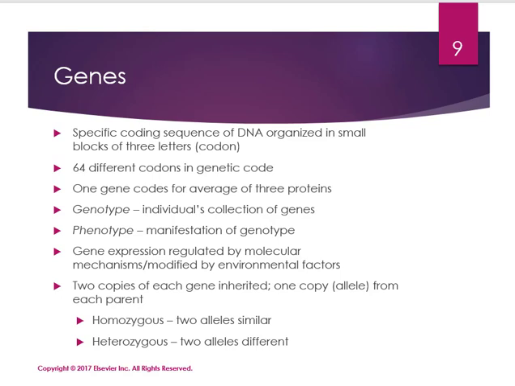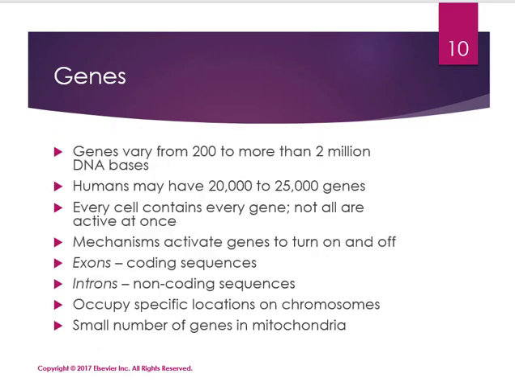The phenotype is what the individual's genotype can do, because gene expression is both regulated by molecular mechanisms and it can be impacted by environmental factors. So we know that 2 copies of each gene are inherited, 1 from each parent, and homozygous are 2 alleles that are similar, and heterozygous are 2 that are different.